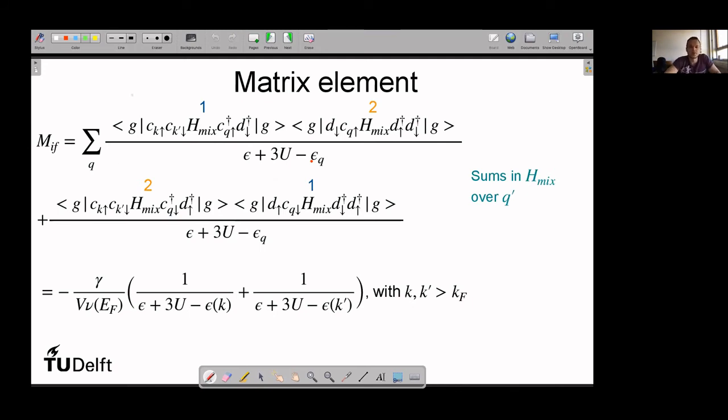Now I'm not going to present every detail of the calculation. First, I'm going to just write down the matrix element, describe each term, and then look at which of the terms in the mixing Hamiltonian give non-zero contributions. So using the previous formula, first we have the sum over all virtual states, and we have 2 virtual states.